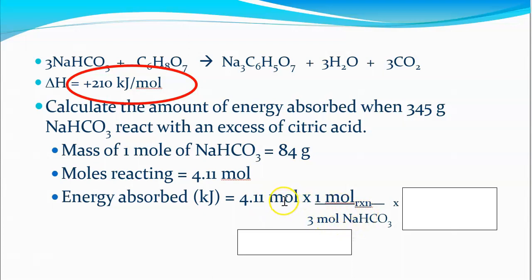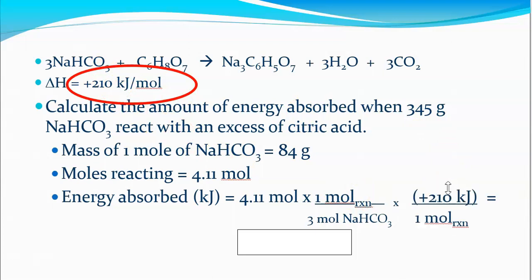So I'm going to set up the moles of sodium hydrogen carbonate down on the bottom so they cancel, moles of reaction on the top. Now I can go back to my delta H because that is per mole of reaction. So 1 mole of reaction generates 210 kilojoules per mole.